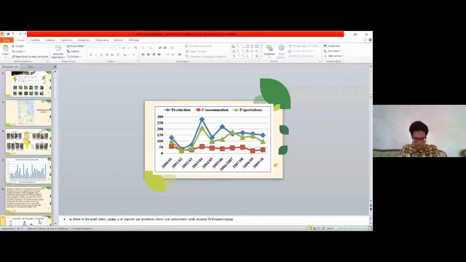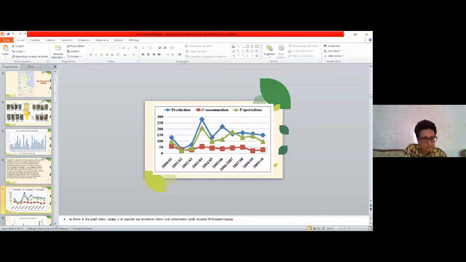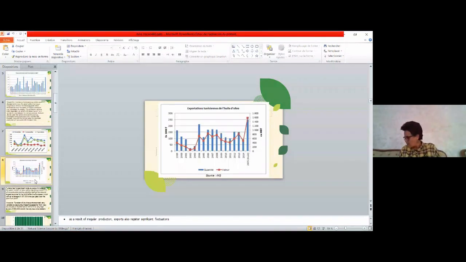As shown in the graph below, Tunisia is an exporter par excellence, where local consumption rarely exceeds 15,000 tons. As a consequence, exportation also fluctuates from one year to another.